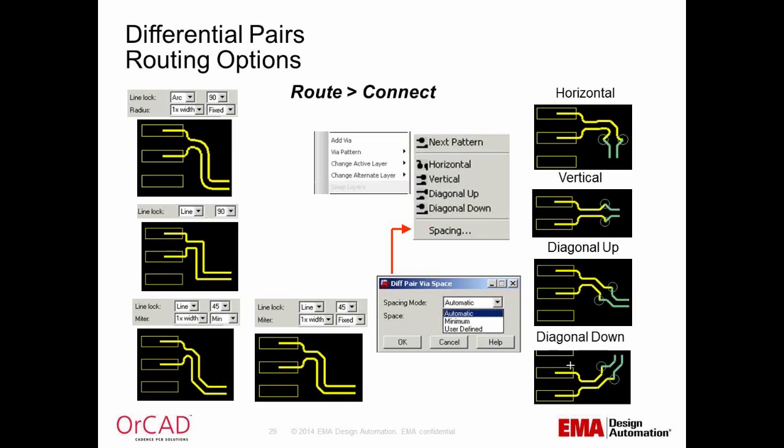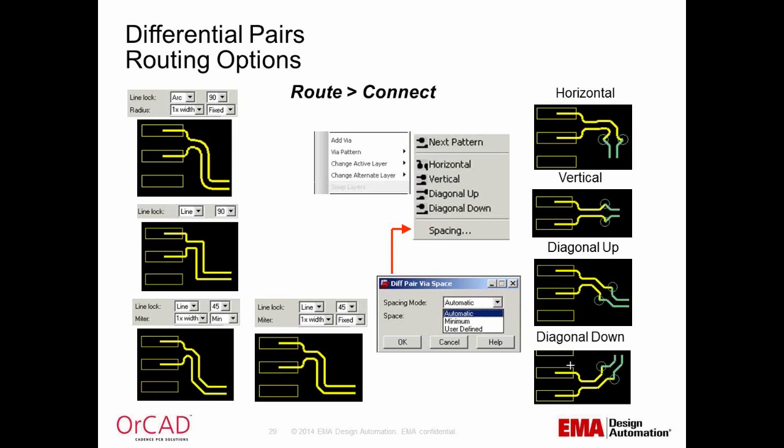Once all constraints are assigned to your critical nets, you can start the routing phase of your design. The differential pair constraints control the interactive routing behavior of the pairs, so that when you select a net that is a member of a differential pair, both members of the pair will be attached to your cursor at the required width and separation.